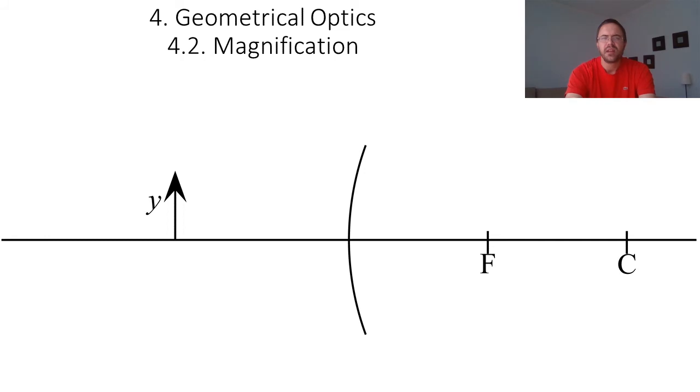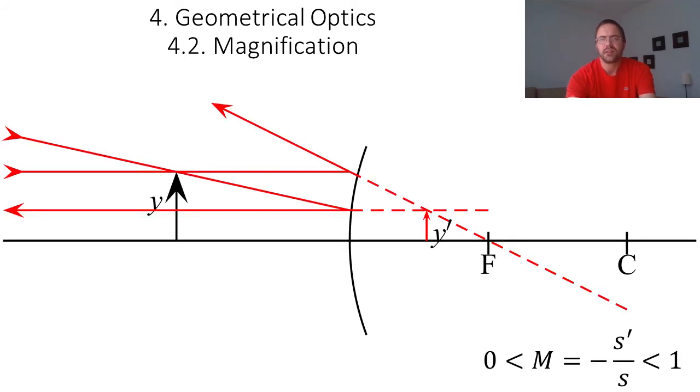For example, if you take a convex mirror with a large object represented by the black arrow here, then the image can be smaller than the object, and the magnification in this case will be smaller than 1. But what's the point of creating a smaller image?